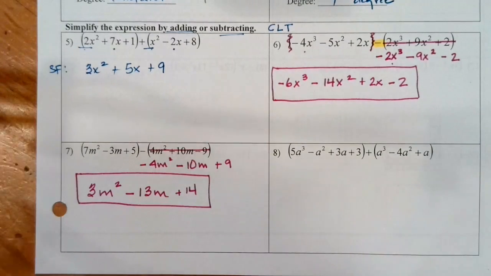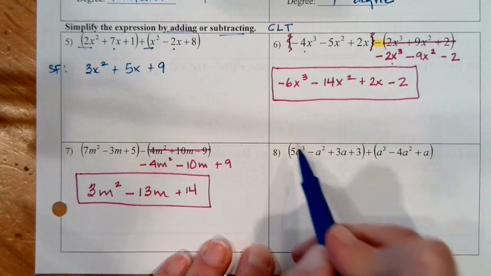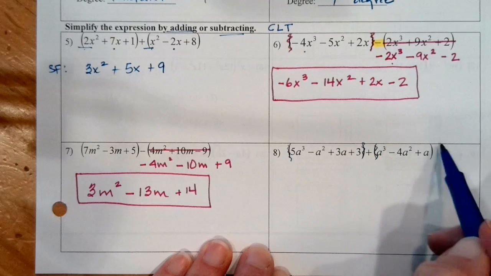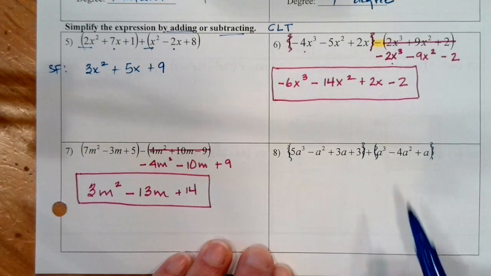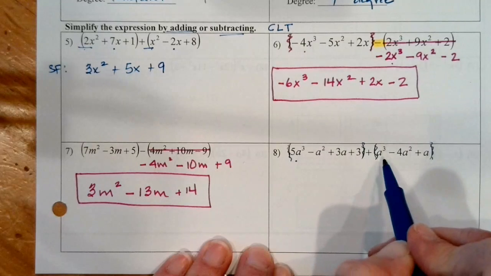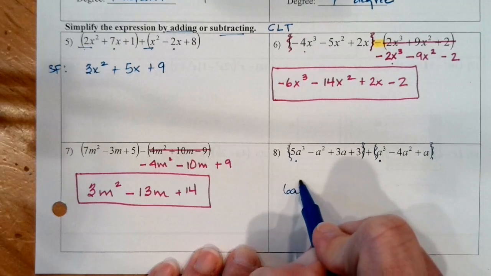Okay. So for my next one, I'm adding, so these parentheses end up not really mattering because everything is addition. So I can just look at the sign in front of each term. 5a cubes, 1a cubed gives me 6a cubes.